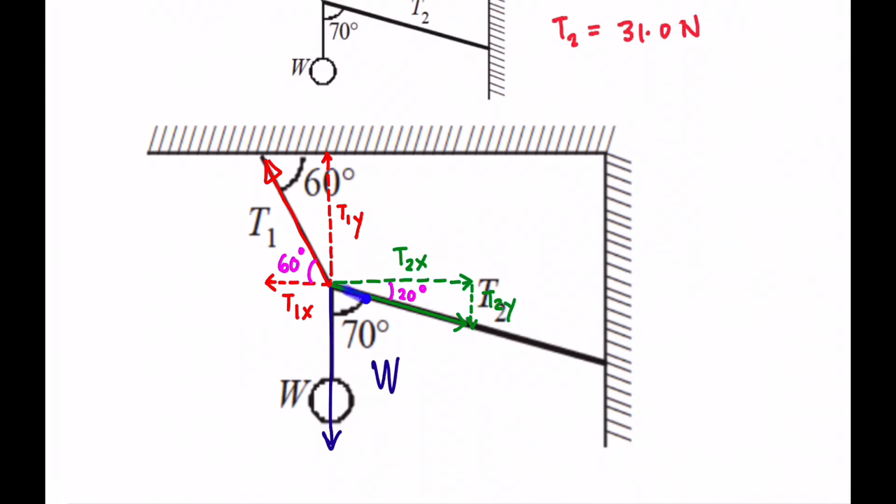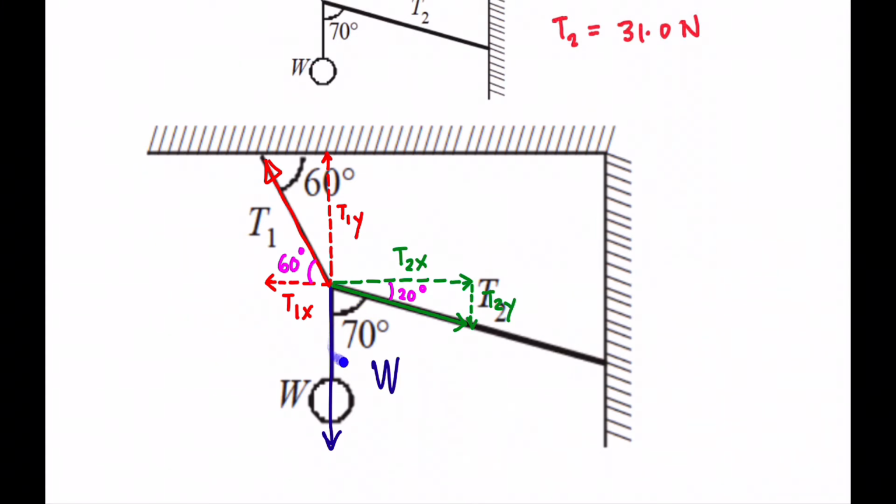On the other hand, for T2, we have T2x, the x component of T2, and T2y pointing downward, the y component of T2. If you notice, T2 is pulling towards this direction, and you should be able to intuitively determine that T2y is a component that points downward.